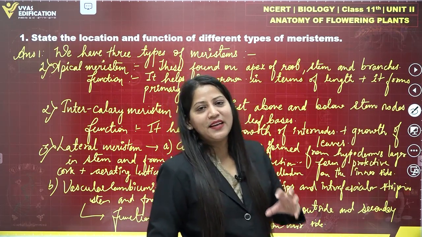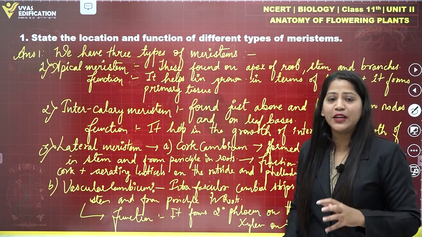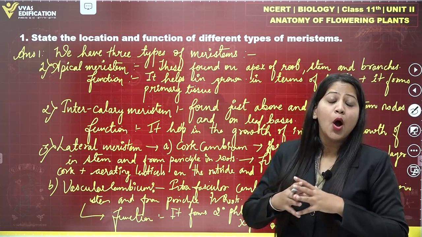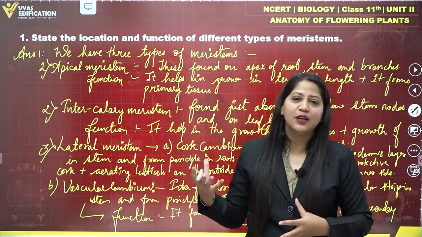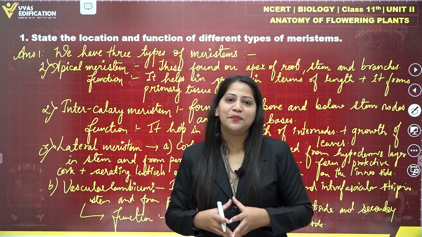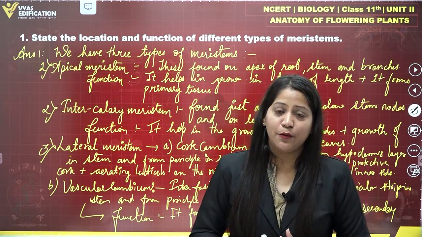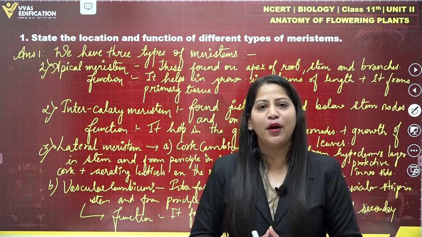So this is the complete solution of question number 1, in which we have already covered all 3 types of meristems, that is apical meristem, intercalary meristem and lateral meristem. With this we have completed solution number 1.